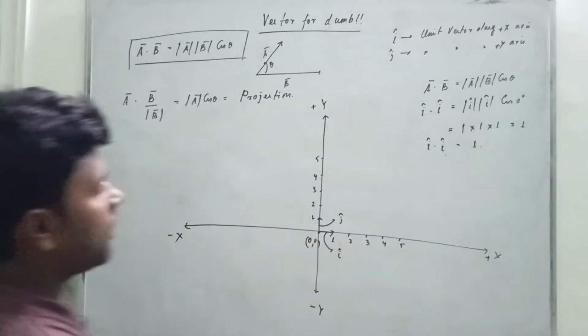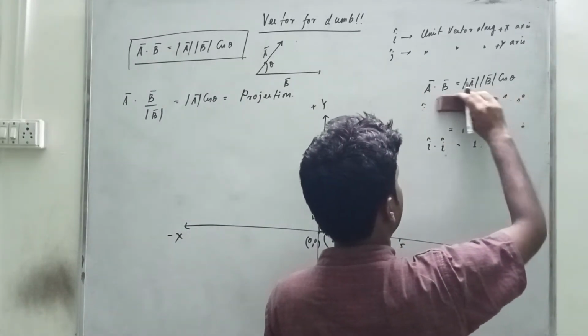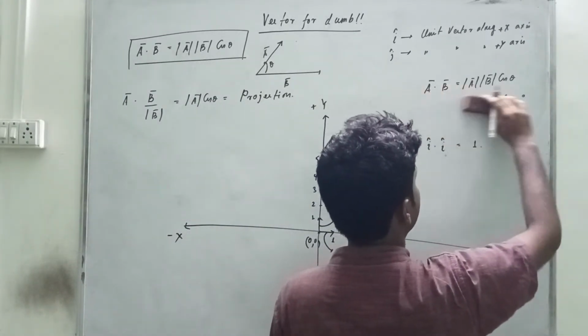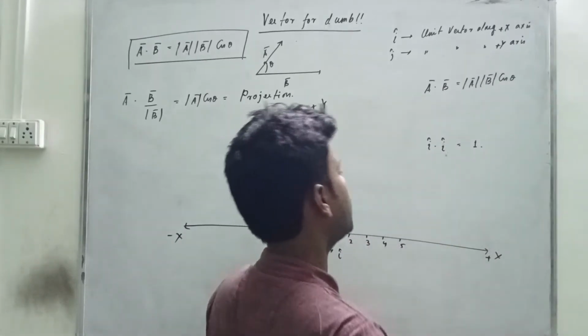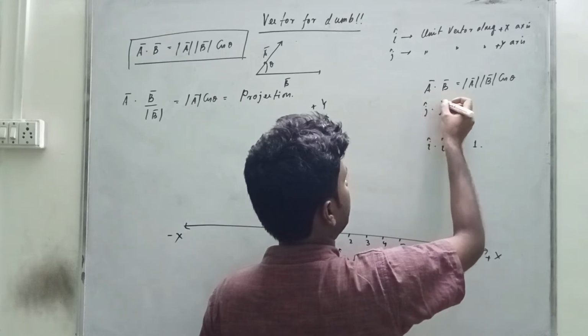Now if you introduce here j cap instead of A and another j cap instead of B, then what will happen? It is j cap dot j cap.